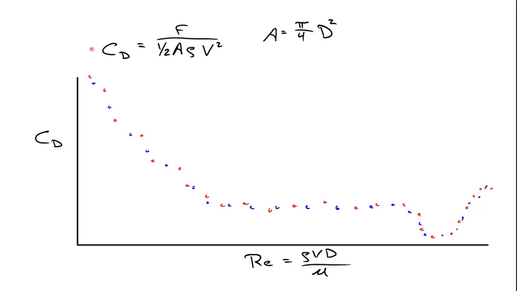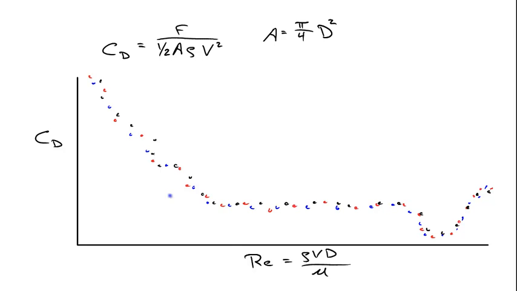But you calculate the coefficient of drag and the Reynolds number, and then you do it again, and we'll say, all right, here's an even bigger sphere. And in this case, we're going to do it in a very thick fluid. And it turns out the data points all fall right on top of each other. So what you're able to do is collapse all of these different experiments into a single curve.